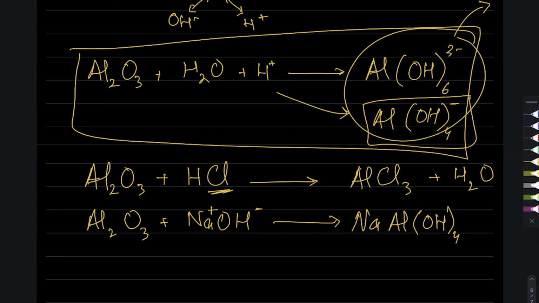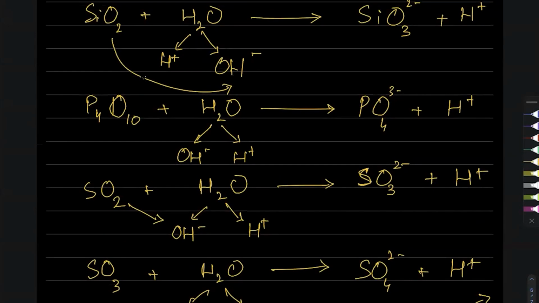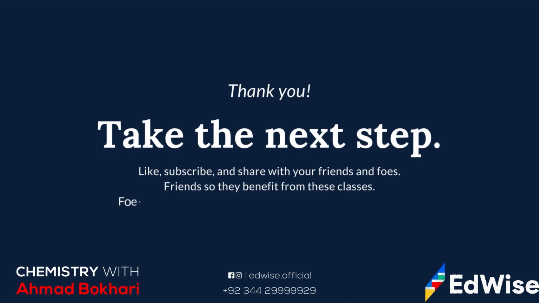Because they are accepting a lone pair from hydroxide ion. They are acting as an acid themselves and losing a lot of H positive in the process, which is why they're all acidic, non-metal oxides. And aluminium oxide is one thing that is amphoteric in here. Okay.